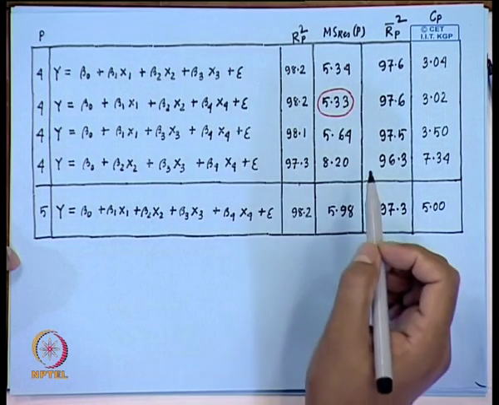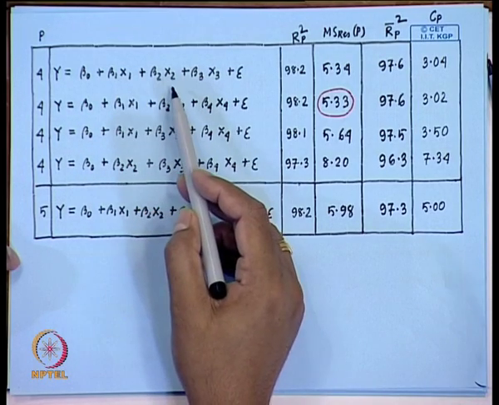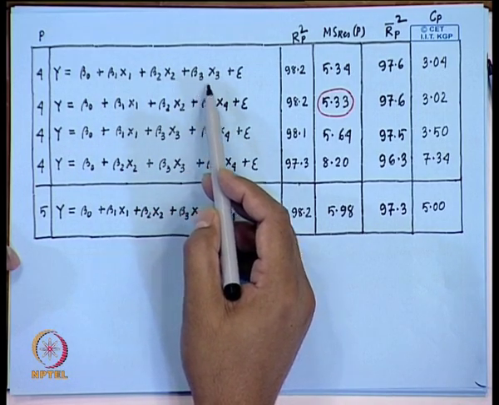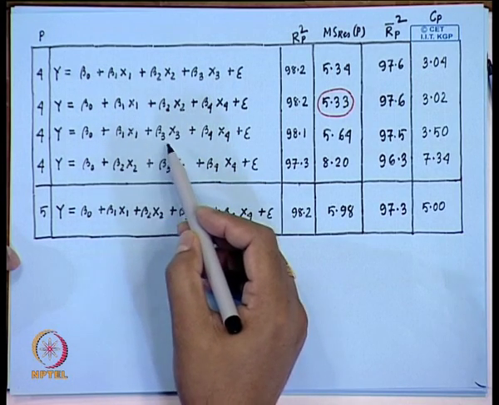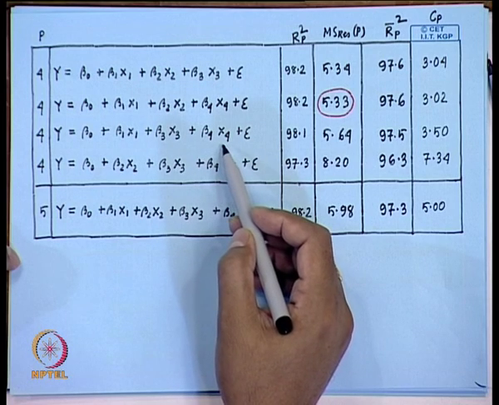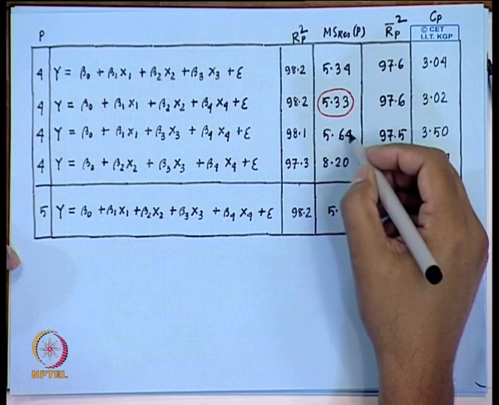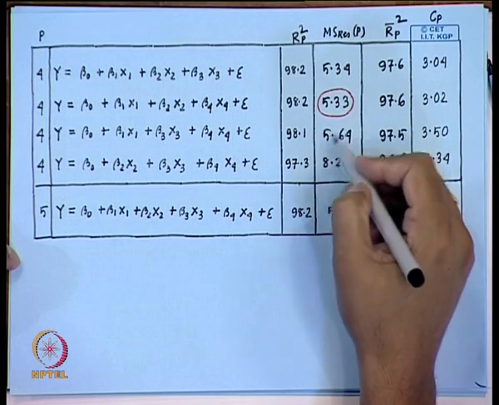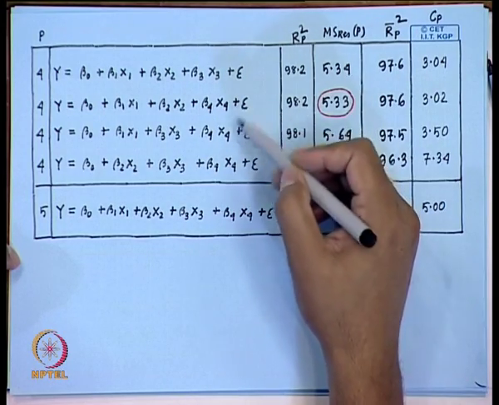Also the other two models, the model involving x1, x2, x3 and the model involving x1, x3 and x4, have comparable values of MS residual.